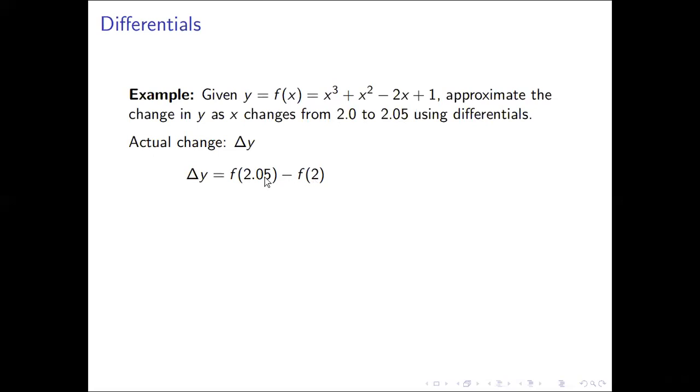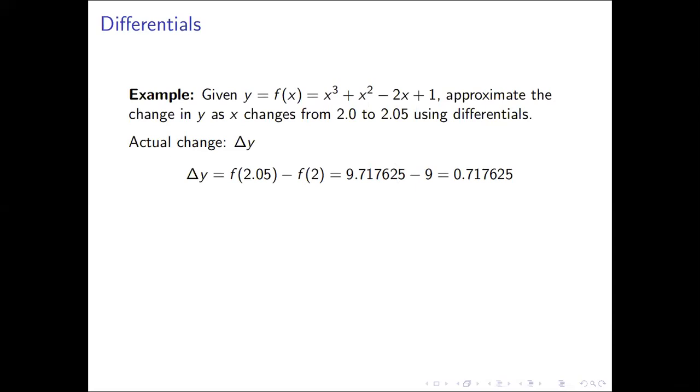If you subtract, you get the actual change in y. And if we do that, you have the following. So how do you get f of 2.05? Of course, you plug it in here, 2.05 cubed plus 2.05 squared, and so on. You get this value, plug into 2 cubed, 2 squared, and so on, you get 9. And you subtract. That's the increment, the change in y. Positive 0.717625.